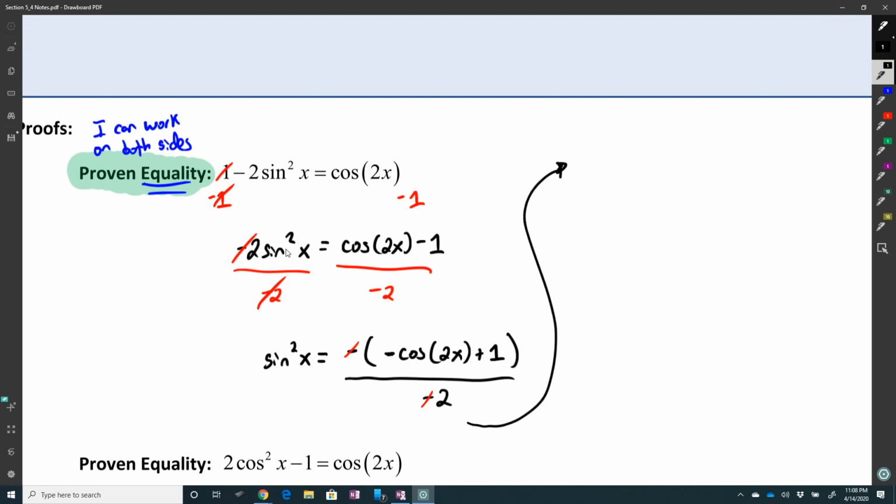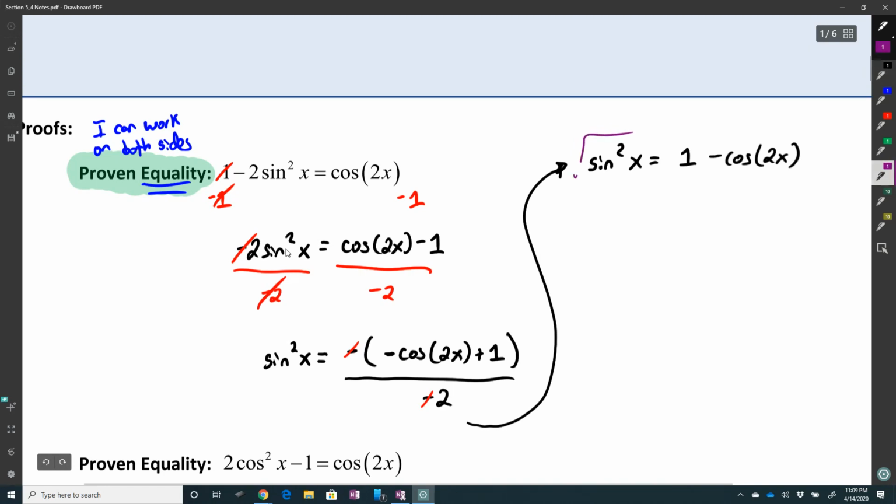So now I have sine squared of x is equal to, and now I'm going to switch the order. Instead of negative cosine 2x plus 1, I'm going to write 1 minus cosine 2x. And then we just take the square root. And since sine can be positive or negative, we're going to have both solutions. So sine x is equal to plus or minus, I almost forgot my over 2.